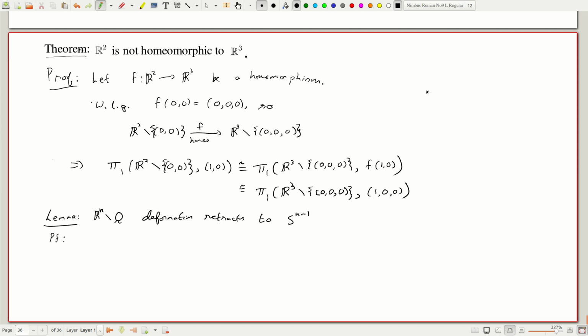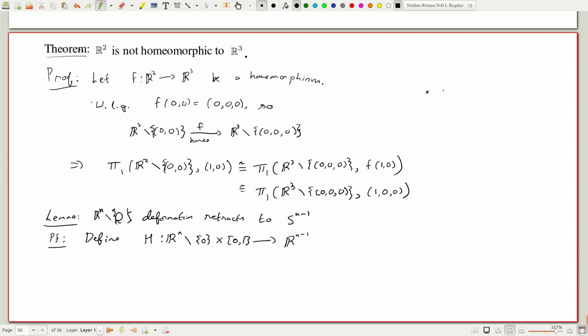Remember, we have to construct a family of maps. So define H from Rn minus the origin to Rn minus the origin, with time, which at time 0 is supposed to be the identity, and at time 1 is supposed to map into Sn minus 1, and at all times it fixes Sn minus 1.